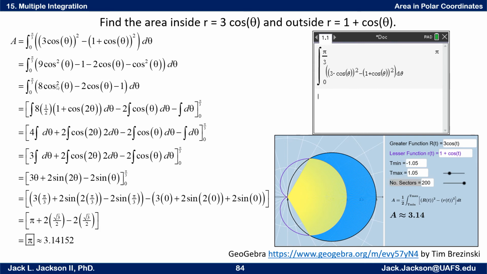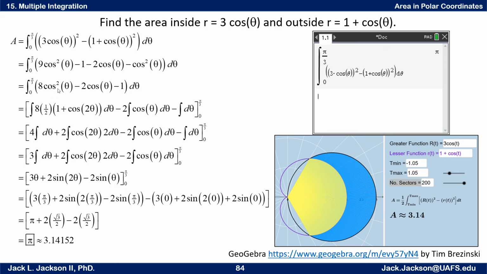So we need to break this into 3 integrals. The integral of the last part is just minus the integral of d theta. The integral of this part is minus 2 times the integral of cosine theta, and then you've got this 8 cosine squared theta. Cosine squared theta, you remember from our techniques of integration, needs to be integrated by using a power reducing identity or double angle identity, which reduces the power down from 2 to 1.